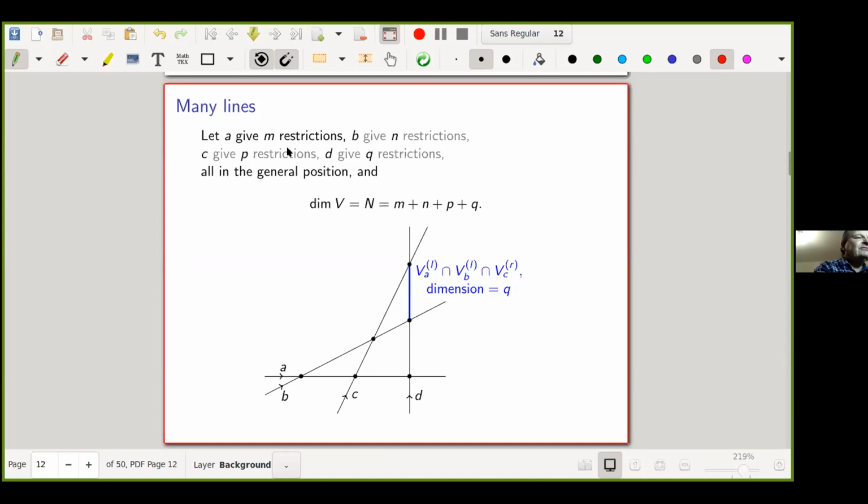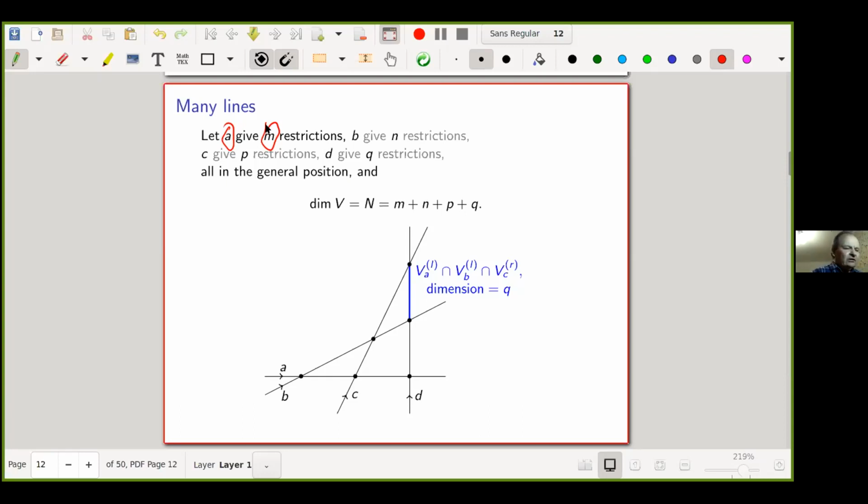Line A gives m restrictions on the right of it, and also m restrictions, but other restrictions, on the left of it. All of these linear restrictions are, I remind you, in general position. They're generic, no casual coincidences.